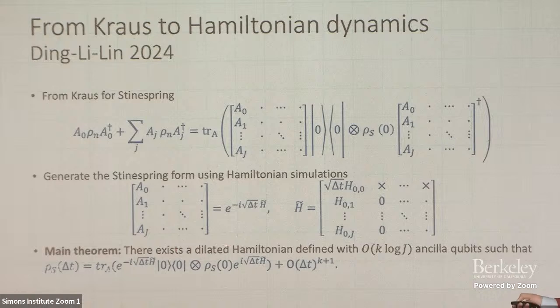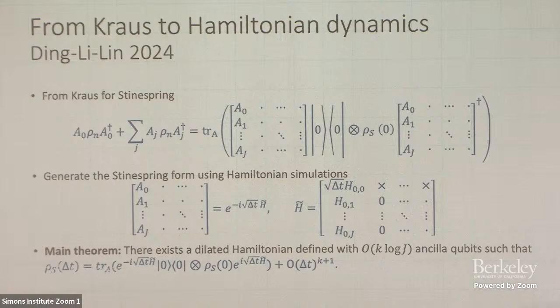And after that, you trace out the additional qubits. And then this becomes an approximation of the Lindblad equation with arbitrary high order of accuracy. So in the next slide, I'm going to give you a high level view of how this is done. And I'm going to share some of my perspectives in terms of getting these different matrix blocks and how they are connected to some of the well-known ideas in numerical methods.